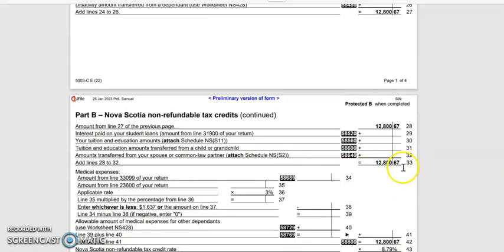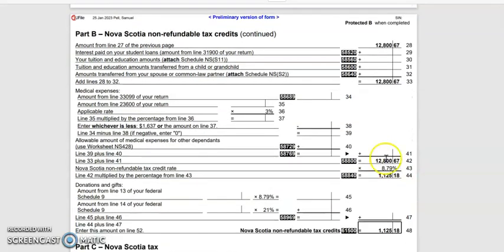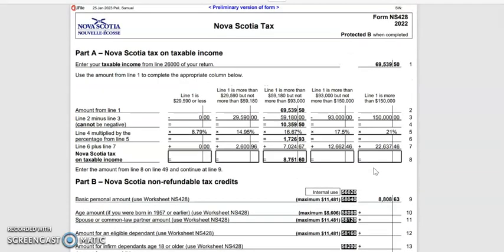Carry down the $12,867. You don't have medical, carry down, so now you need to carry it down again. But now we're going to multiply it by 8.79%, which, going back up here, you can see, again, is the lowest tax bracket.